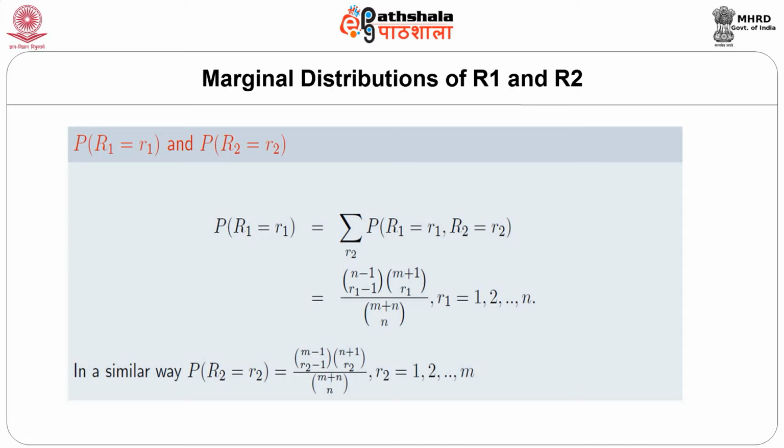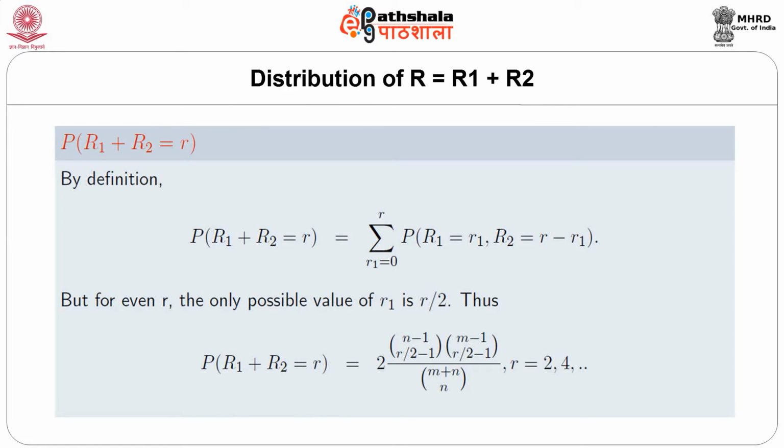In a similar way, we can obtain the marginal distribution of R2 as m minus 1 choose r2 minus 1 multiplied by n plus 1 choose r2, divided by m plus n choose n, where r2 ranges from 1 up to small n.